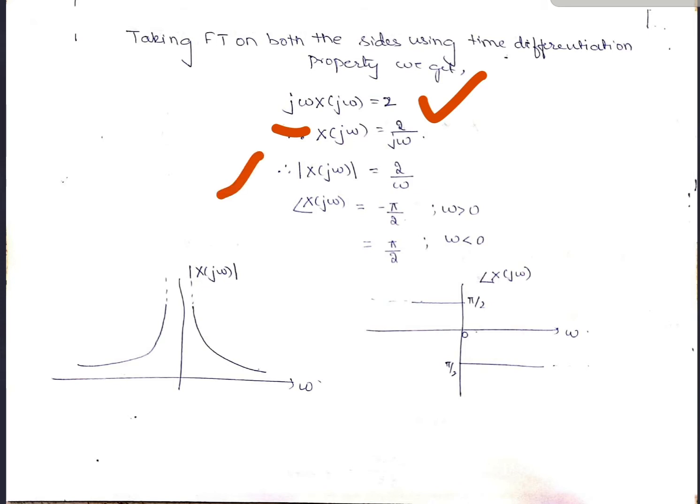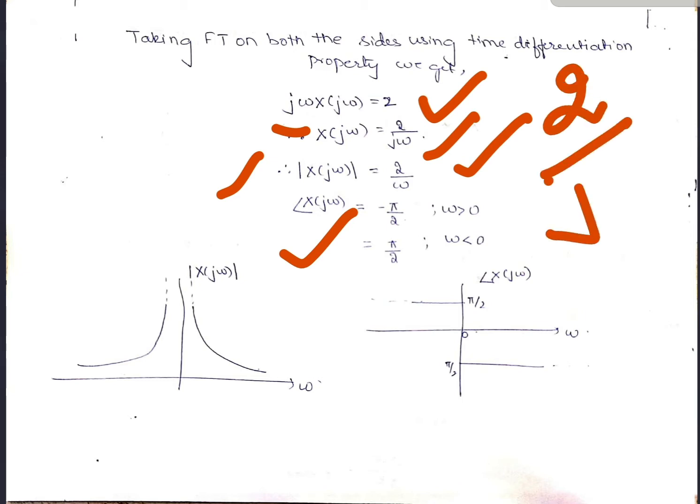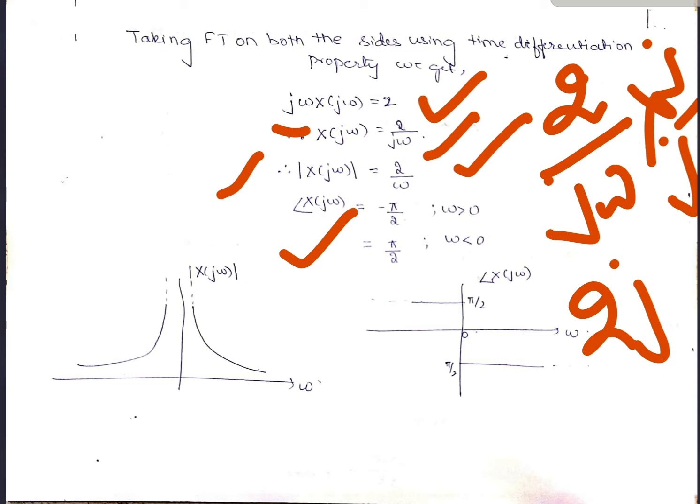The modulus of this one is 2 by omega, whereas the angle is minus pi by 2 and plus pi by 2. Let us substitute and see. For omega greater than 0, multiplying and dividing 2 by j omega by j, you get 2j by minus omega.